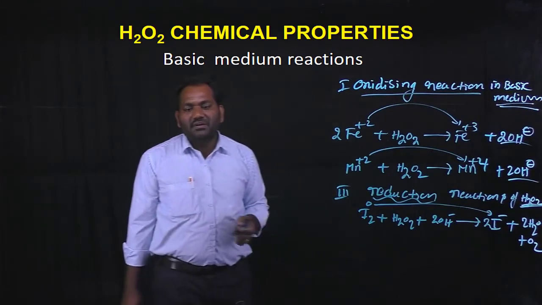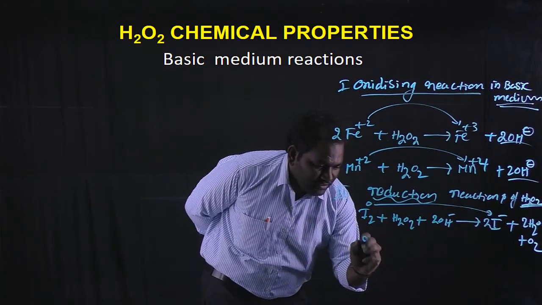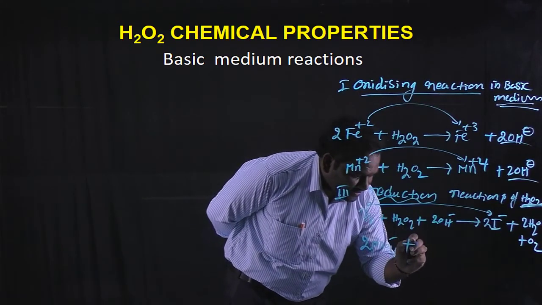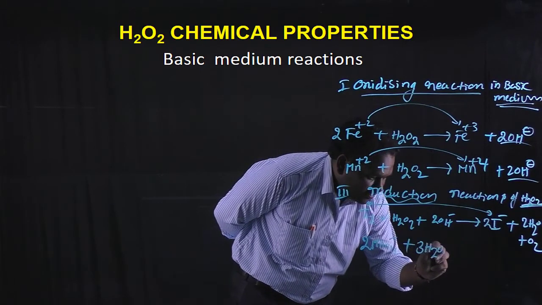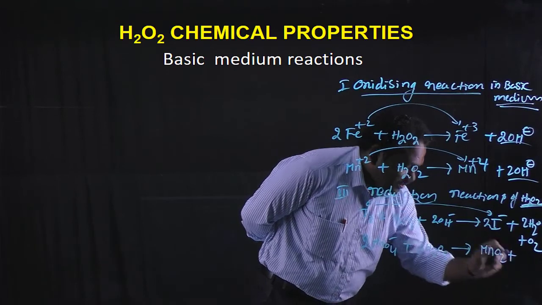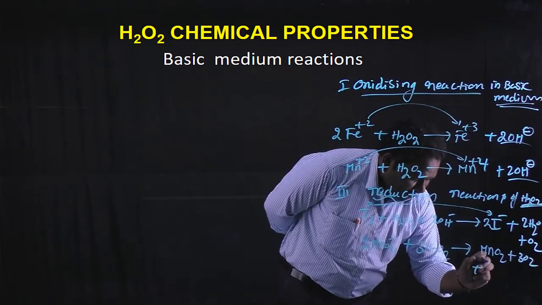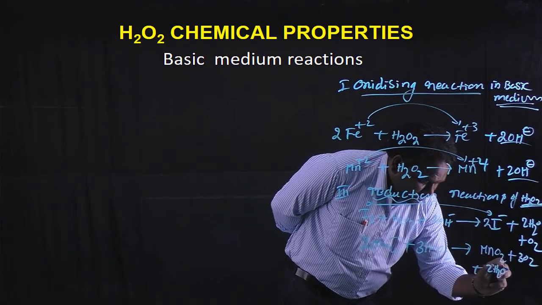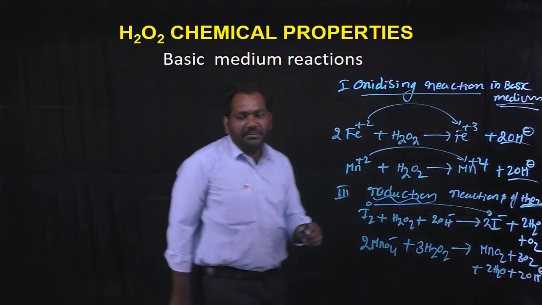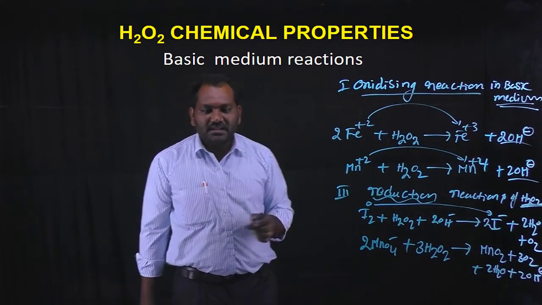Another example of this reduction reaction is 2MnO4 minus plus 3H2O2 gives MnO2 plus 3O2 plus 2H2O plus 2OH minus. This is another reduction reaction.